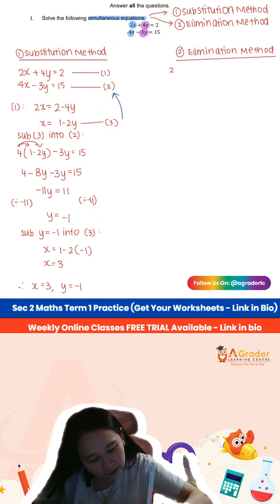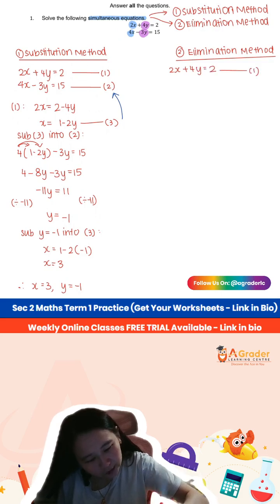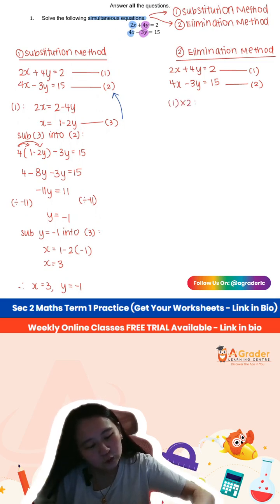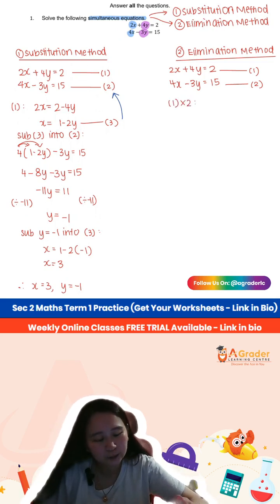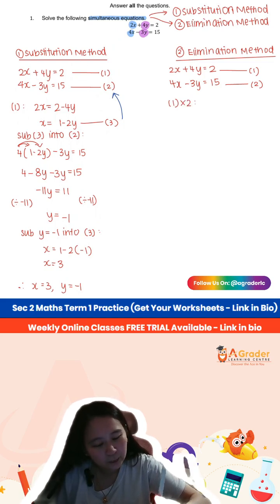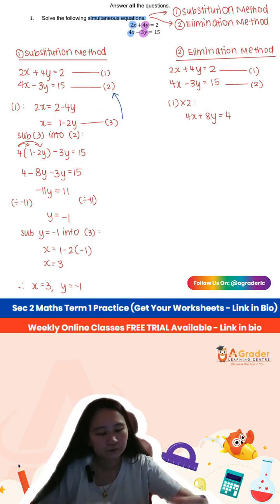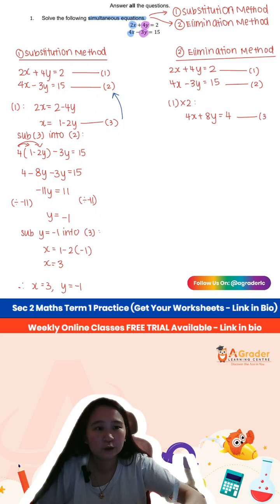So same thing, I let 2x plus 4y equals to 2 be my equation 1 and 4x minus 3y equals to 15 be my equation 2. And then I take equation 1 times 2 such that the coefficient of x will be the same. Okay, so I get 4x plus 8y equals to 4. Then this is my equation 3.